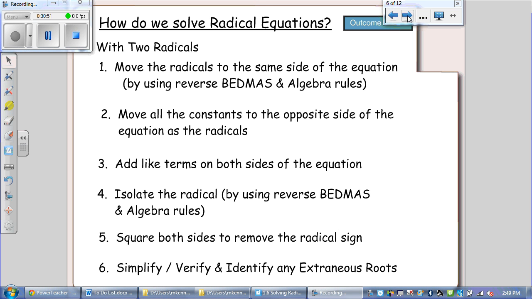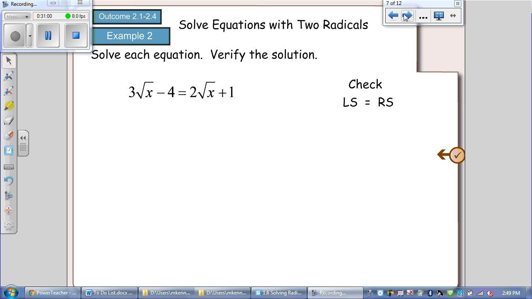So let's just see an example. Look at this question. We've got radicals. We've got two of them. They're on opposite sides. If you were to square both sides right now, you would not get rid of your radicals, because you're squaring binomials, which means you would get those ugly inside terms, and you would have a really messed up equation.